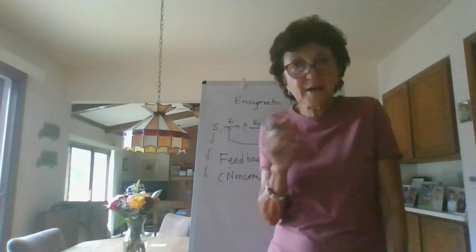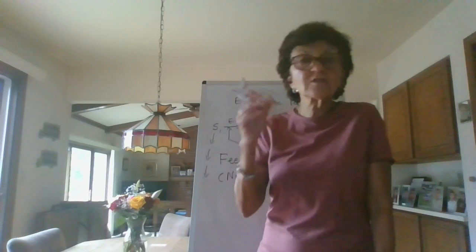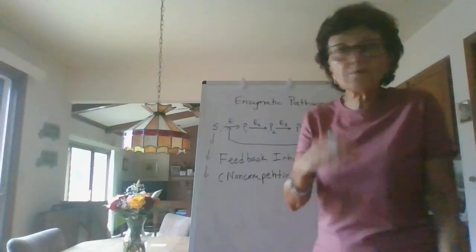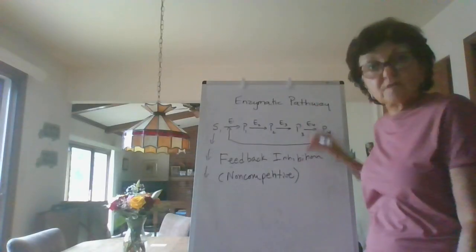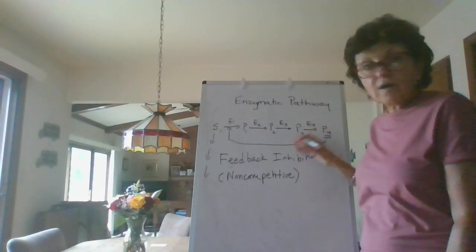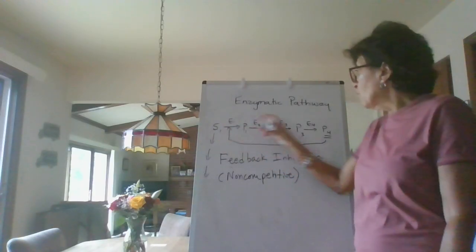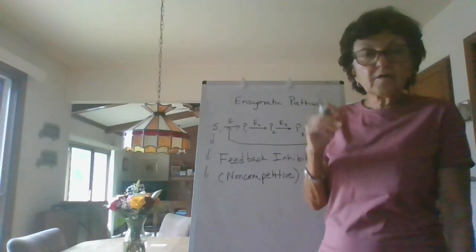The good news about this is that it's reversible. Just like all non-competitive inhibition, it's reversible. Let's say now in your body, the level of this goes down. So then what happens? It comes off of this, and this whole pathway is opened up.